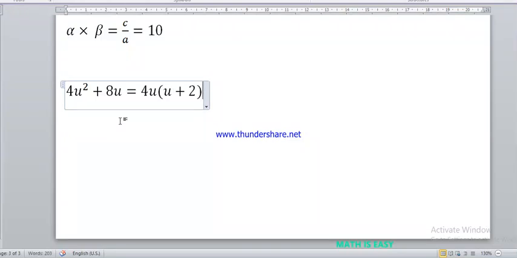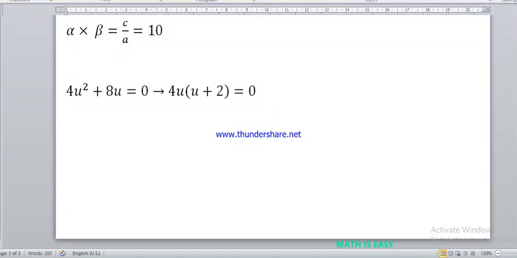Okay. So here I have two things that will equal 0. I have to put 0 here also. Then that implies, there are two cases possible.